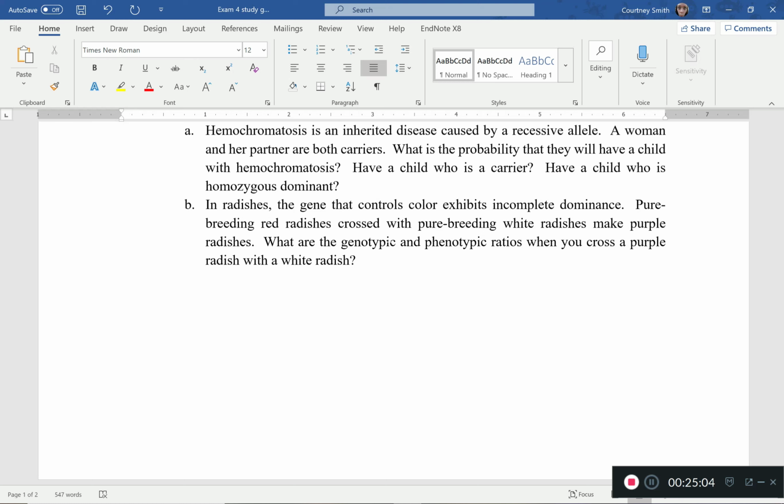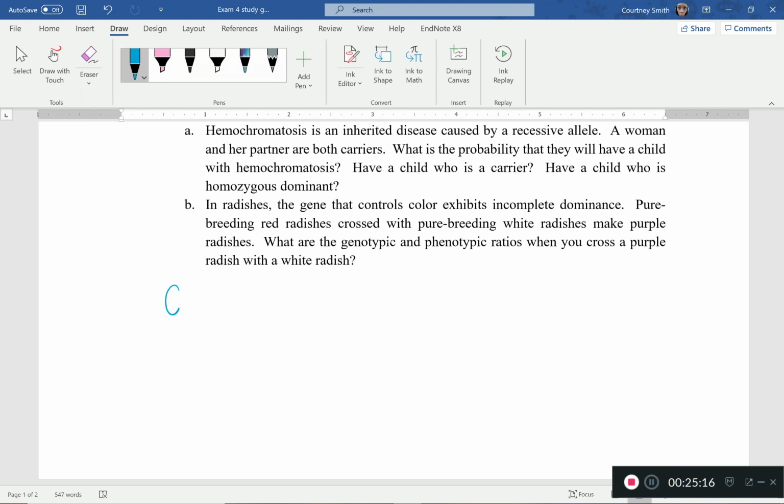So before you even get started, you need to make a key as to what letters you want to represent something. In this case, I'm going to have C with R, CR, represent my red radishes. And then I'm going to have C with W's represent my white radishes.